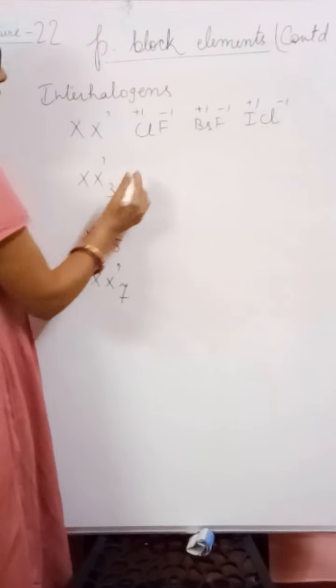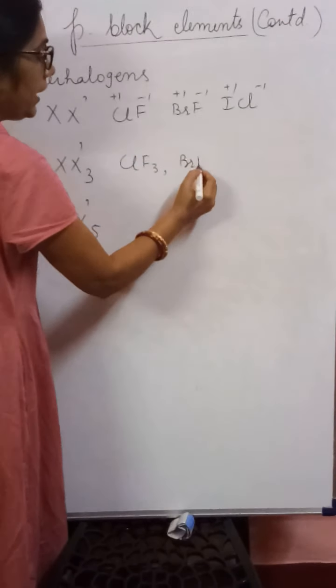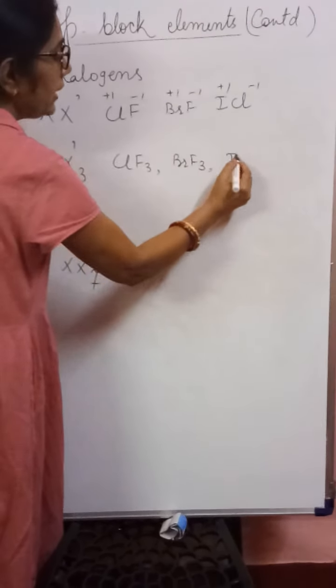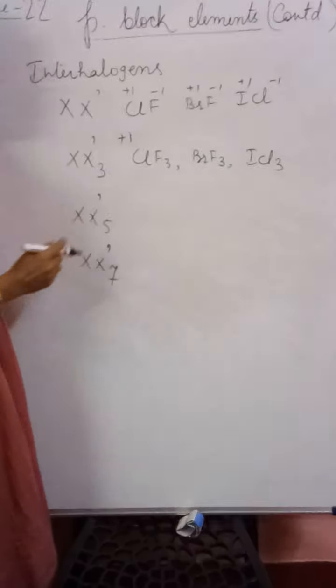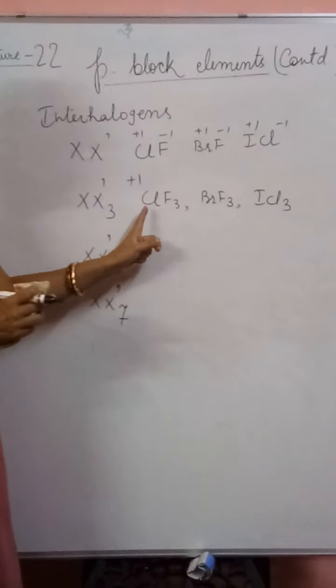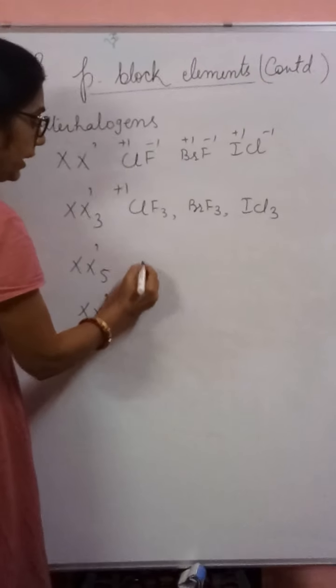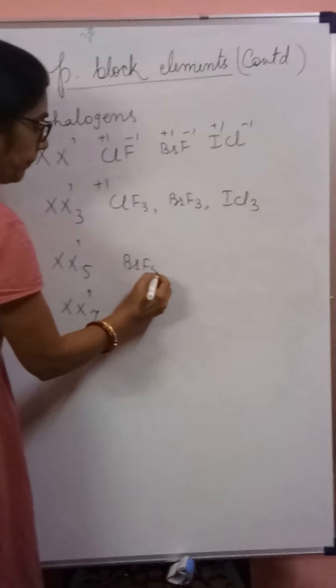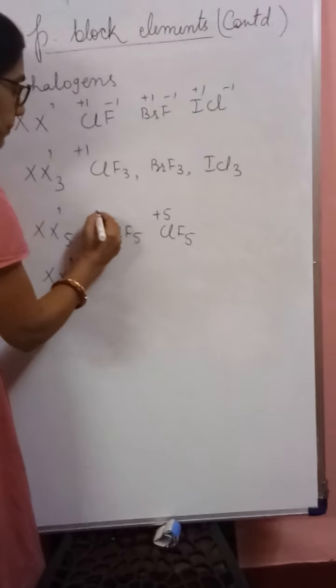XX'3 like ClF3, BrF3, ICl3, and everywhere one is smaller than the other, and the second one is more electronegative than the central atom. And XX'5 like BrF5, ClF5, where the oxidation state becomes +5.